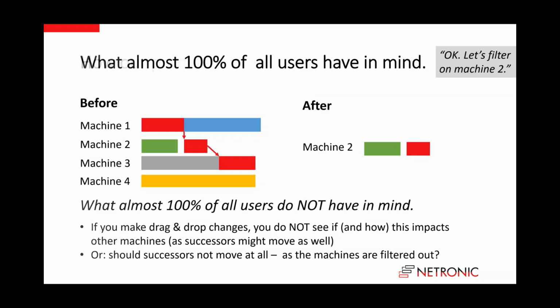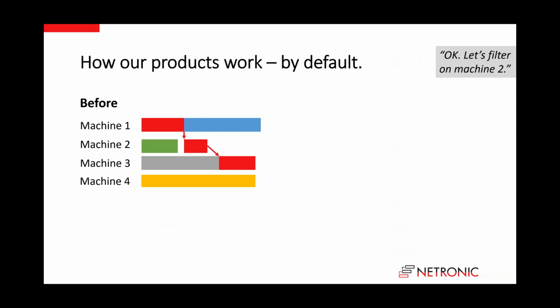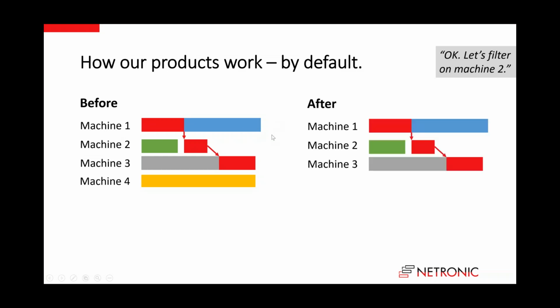So in the very beginning, we kind of had a golden rule, and this also describes how our products work by default. Our golden rule is never ever cut a production order. So always show a production order as a total. If we want to filter on machine 2, and if this production order also requires machine 1 and machine 3, then if I apply the machine 2 filter, the picture actually looks like this.